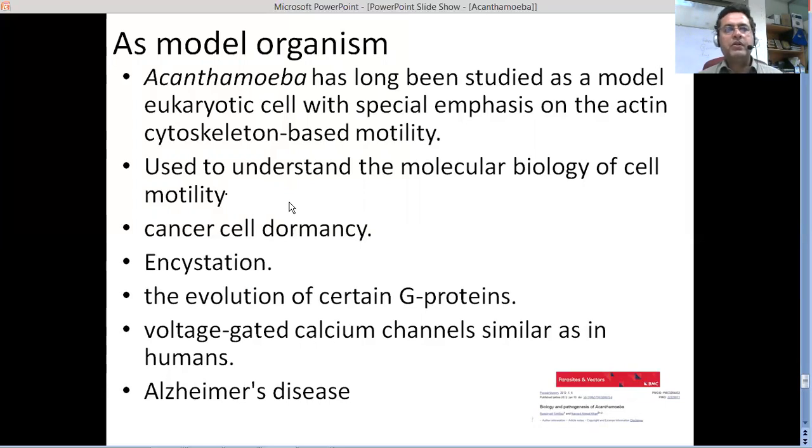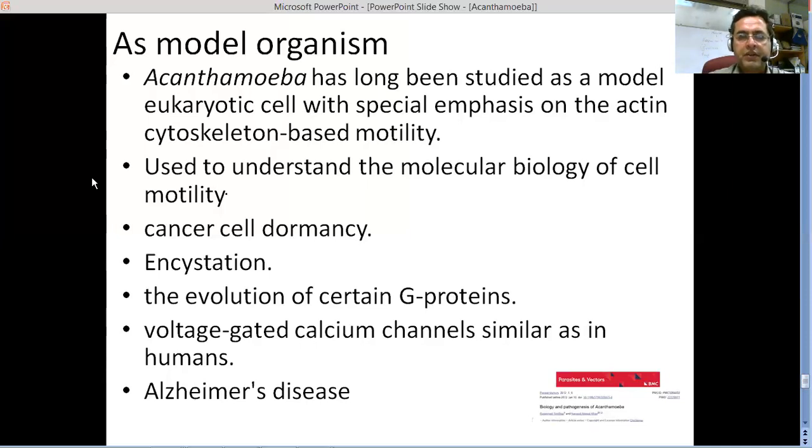It's also used for studying the evolution of certain G proteins or GPCRs, and also used to study the function of the voltage-gated calcium channels, because the voltage-gated calcium channels inside these Acanthamoebas are similar to the ones found in human beings. So if you use some blockers of these channels, you can carry out such studies using Acanthamoeba.